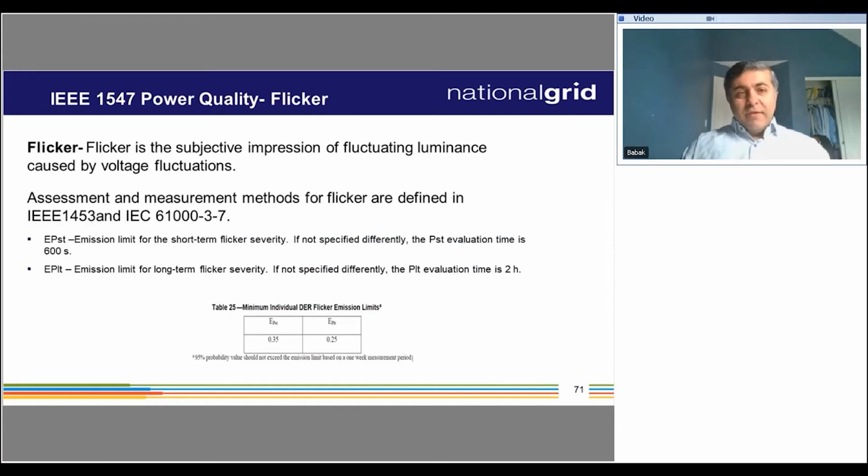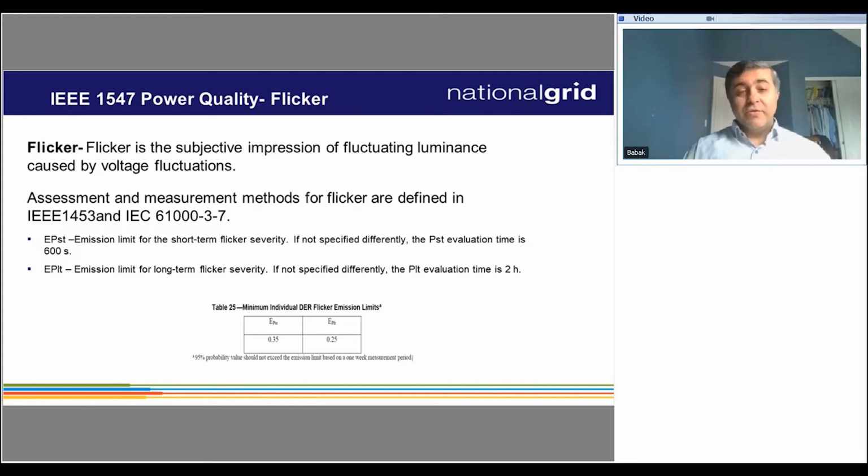So starting with flicker, in terms of the IEEE 1547 standard, the 2003 version of the standard said the DER shall not cause any objectionable flicker to the loads on the same distribution circuit.